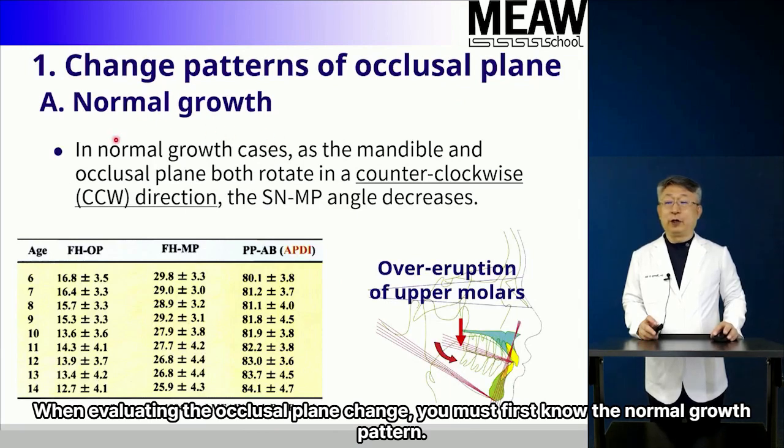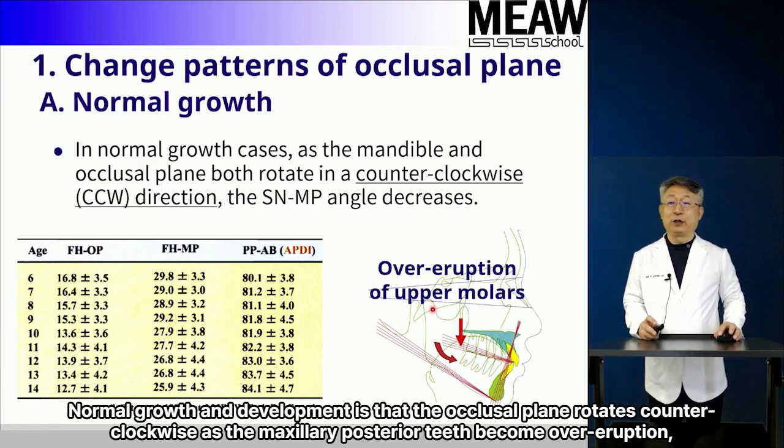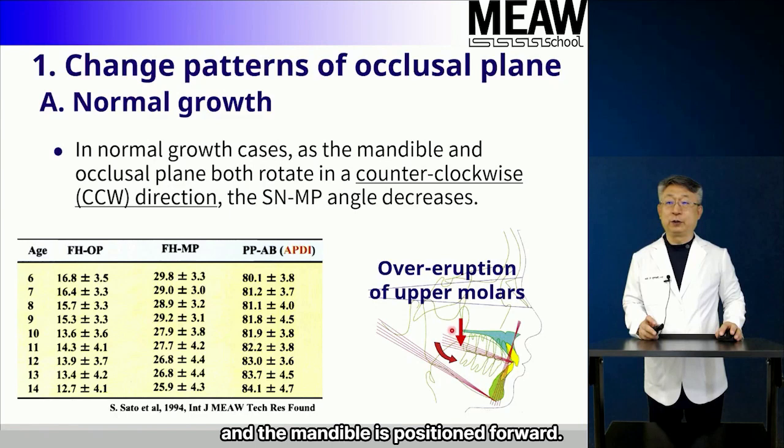When evaluating the occlusal plane change, you must first know the normal growth pattern. Normal growth and development is that the occlusal plane rotates counterclockwise as the maxillary posterior teeth become overerupted, and the mandible is positioned forward.